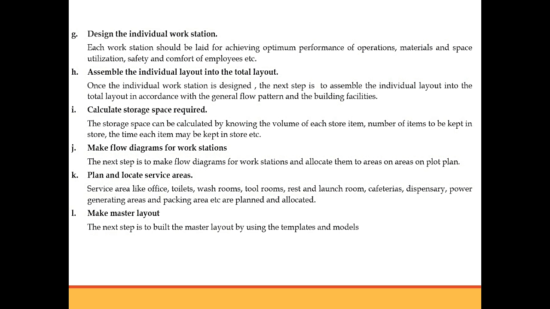Then we have to calculate the storage space required for the raw materials, the number of items to be kept in store, and the time for each item to be kept in store. Then make flow diagrams for workstations, plan and locate service areas such as office, toilets, washrooms, tool rooms, rest and lunch rooms, etc. And the last one is that we have to prepare the master layout.